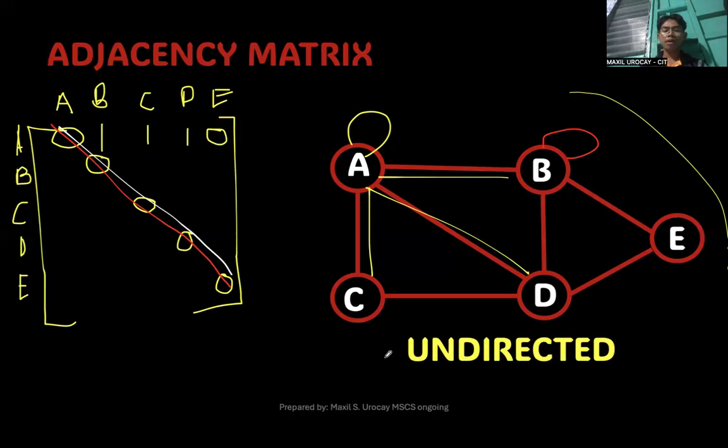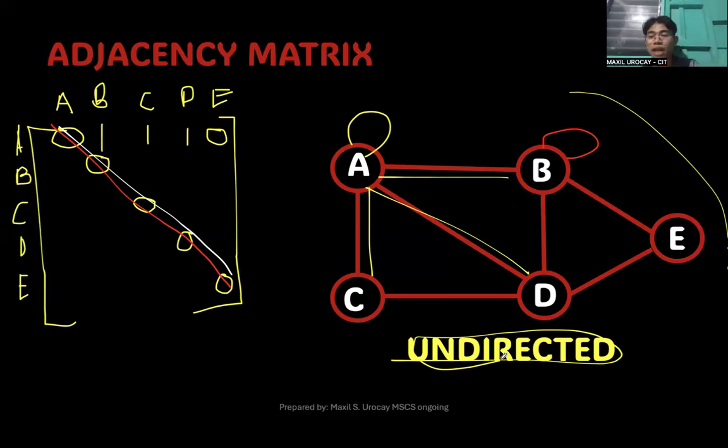So remember that we are doing an undirected graph. In an undirected graph, you can identify both A to B or B to A. You can read that vice versa, right? So that's how it works in your adjacency matrix pertaining to the undirected graph.